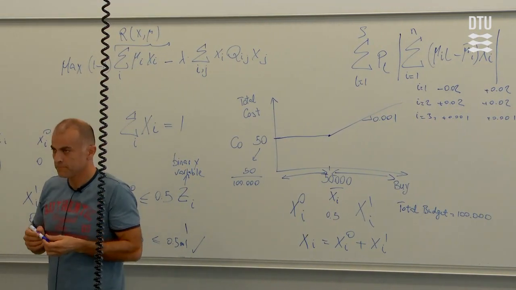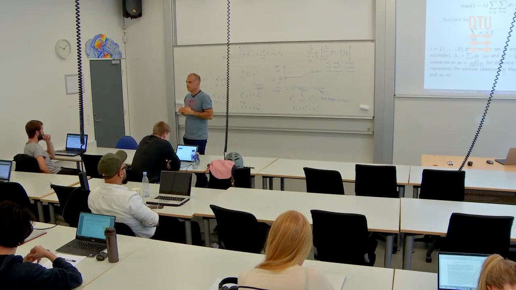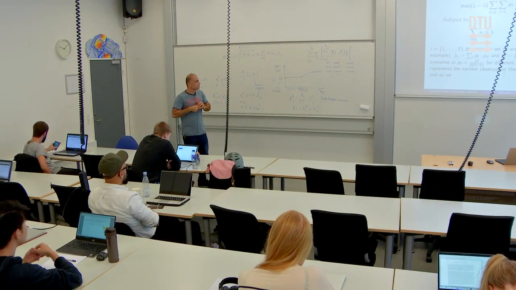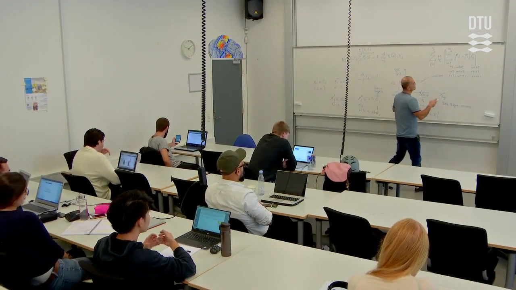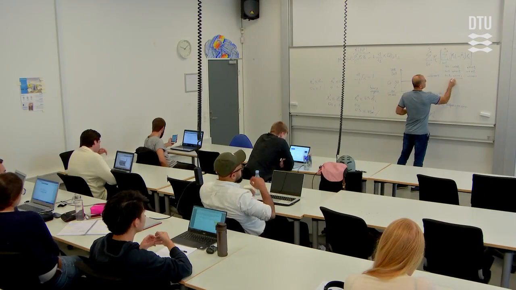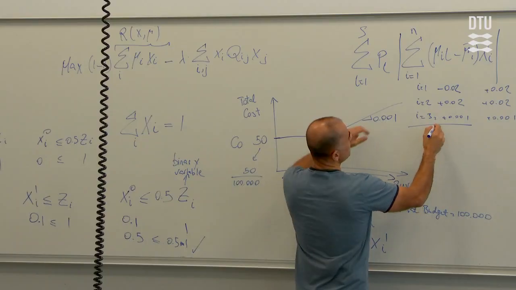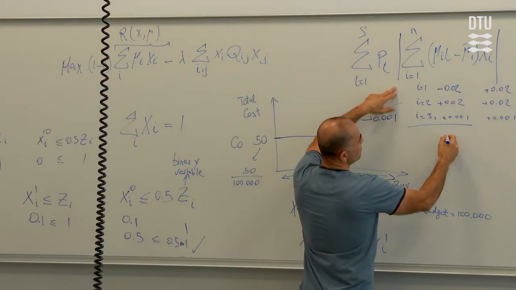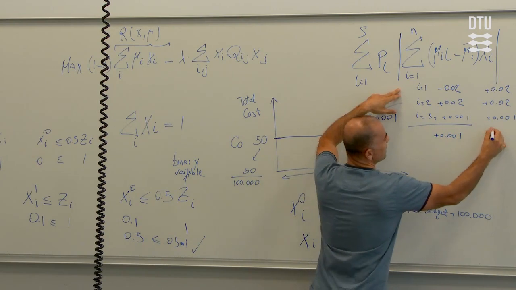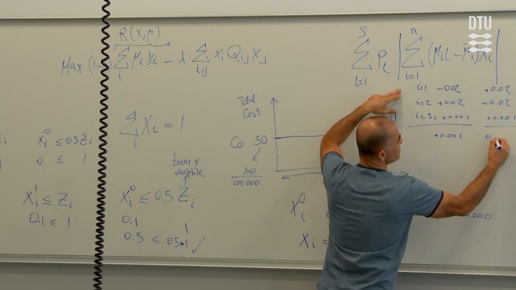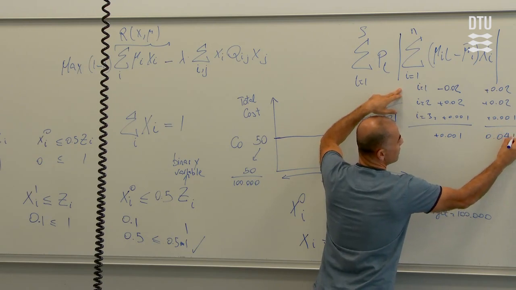Yeah? There would be no difference. In the first case, it would be minus 0.001. Right, because now, you see, you will get what I'm referring to: here, of course, the sum is 0.001, and here the total is 0.041, right?